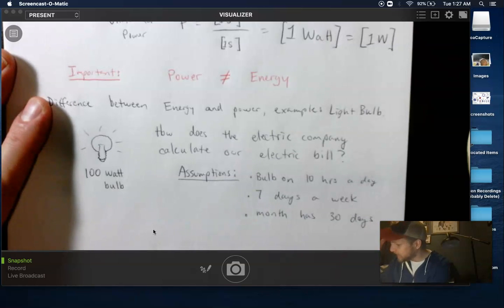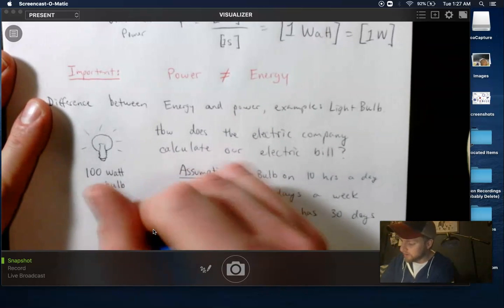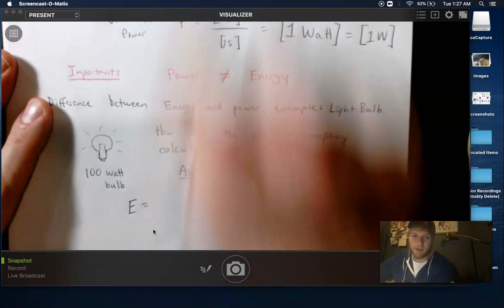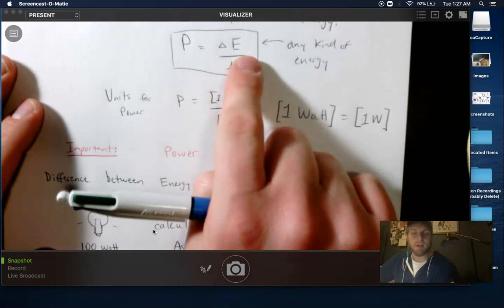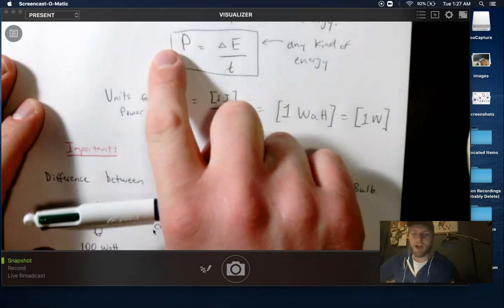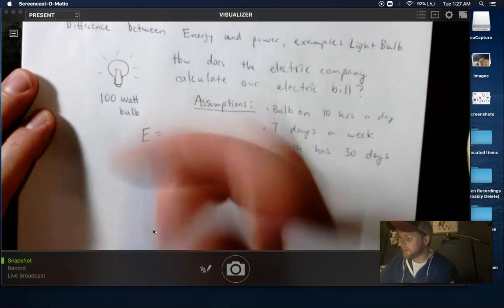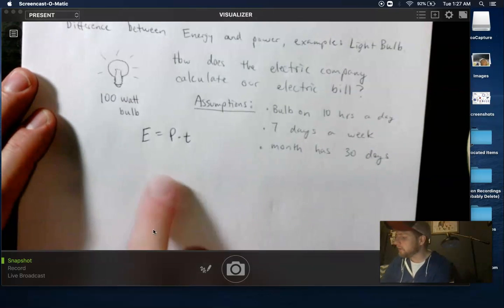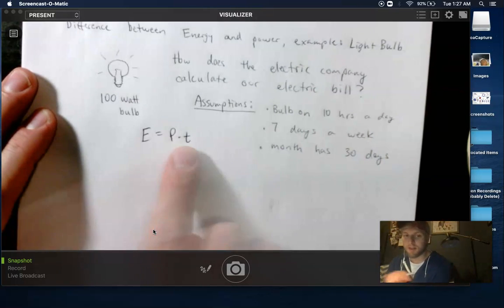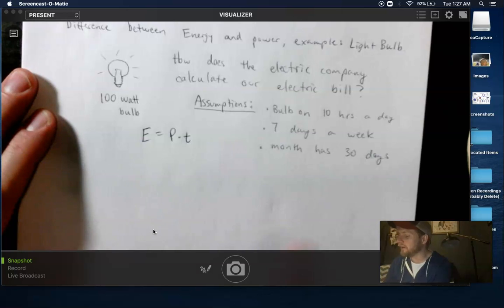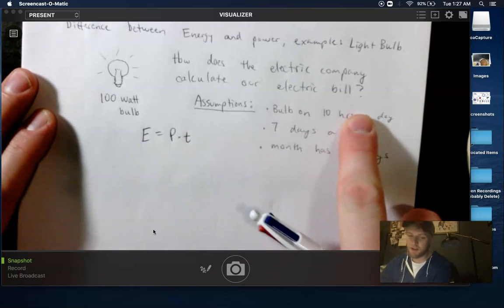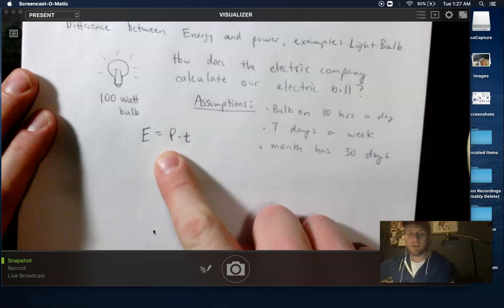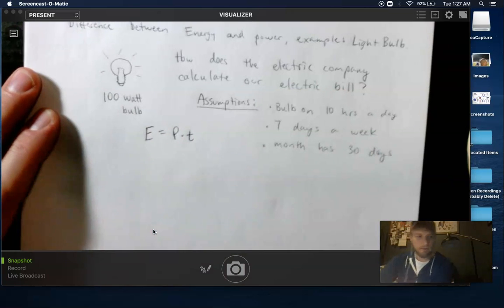So what we want to calculate is how much energy. Energy is going to be, if we take our equation, power times time. That's how much energy we're going to get here. So what we need to do is work out how many seconds are in a month for 7 days, 10 hours a day, and times that by 100.